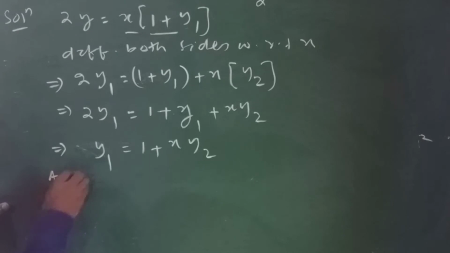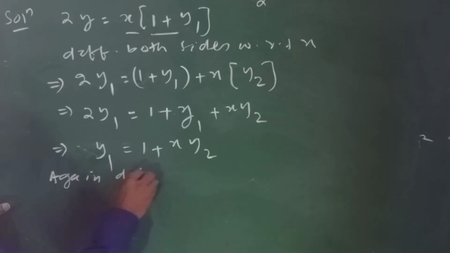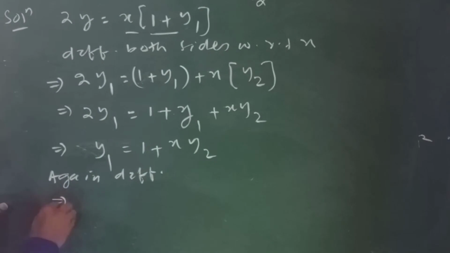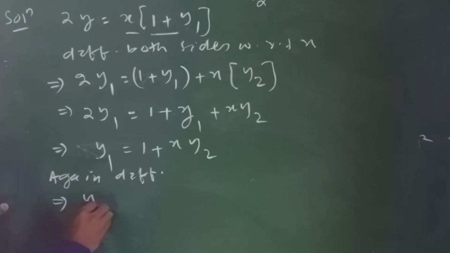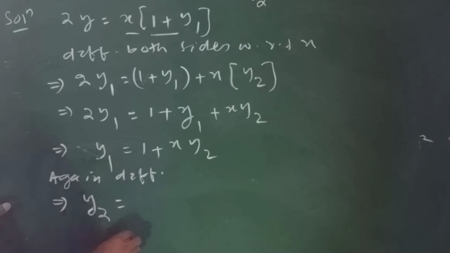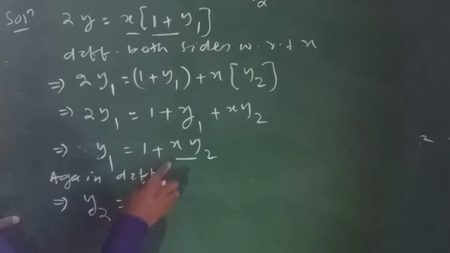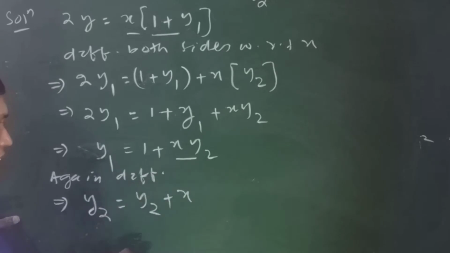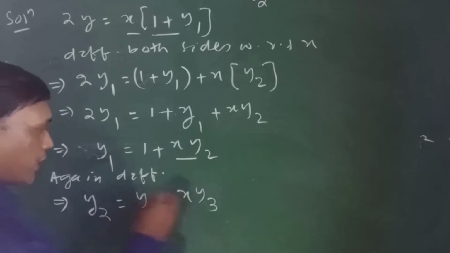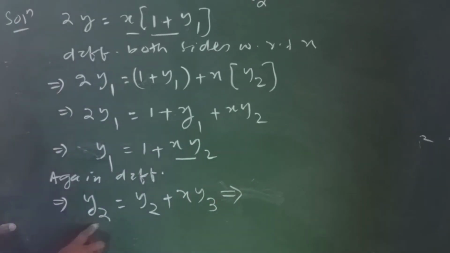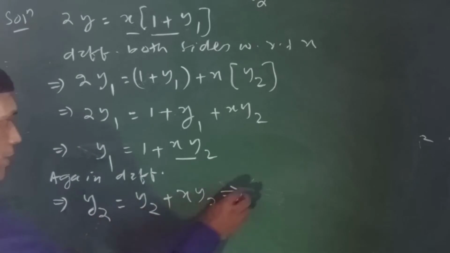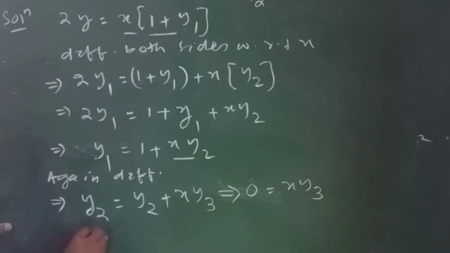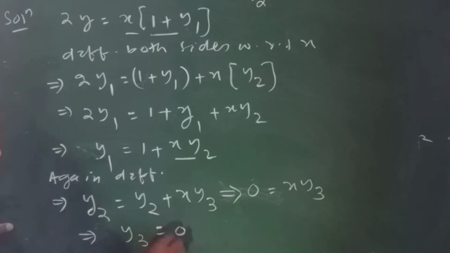Again differentiating both sides with respect to x, we get the derivative of y1 is y2, the derivative of 1 is 0. Here is the product formula: the derivative of x is 1 into y2, plus x into the derivative of y2, which is y3. So y2 cancels, the left side becomes 0, is equal to x into y3, which implies y3 is equal to 0.